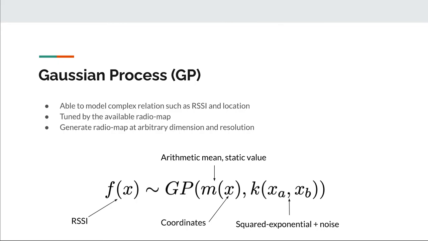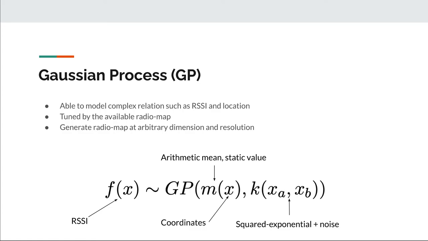A physically collected radio map is a good source of such prior observations, and we can use the radio map to tune the hyperparameters of a Gaussian model, specifically the kernel function. Once a Gaussian process model is trained, we can generate an artificial radio map at any dimension and any resolution because Gaussian process is continuous.